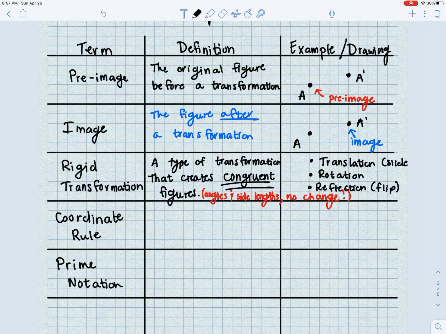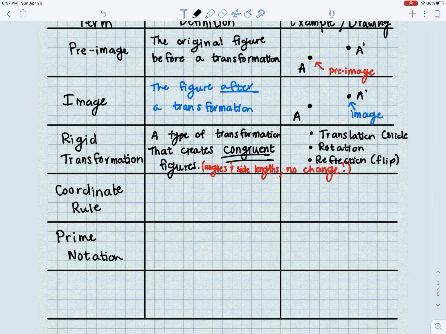All right. With the transformations, because they are all taking place on a coordinate plane, we have these things called coordinate rules.